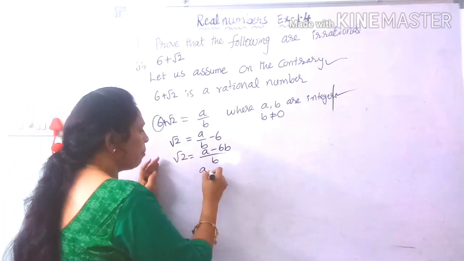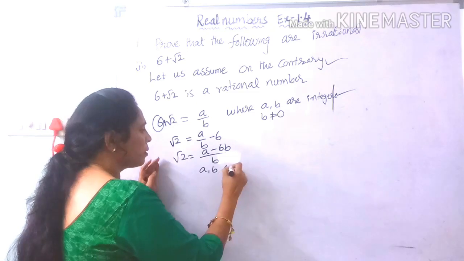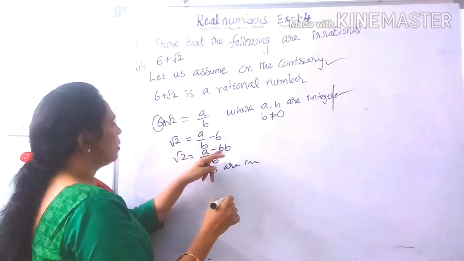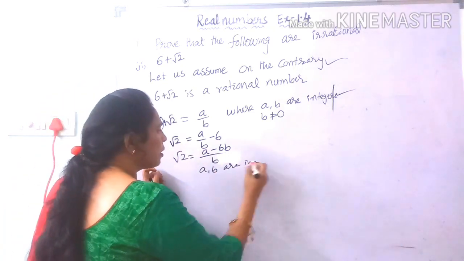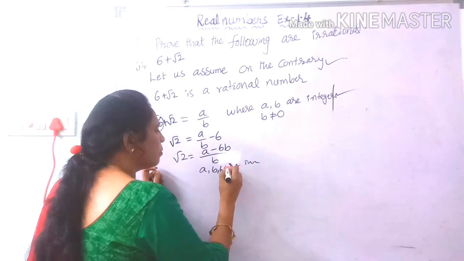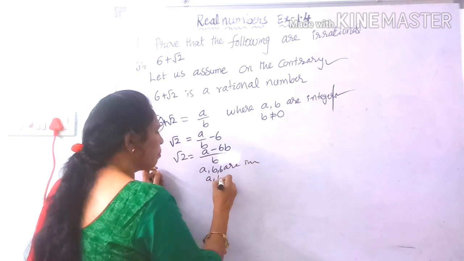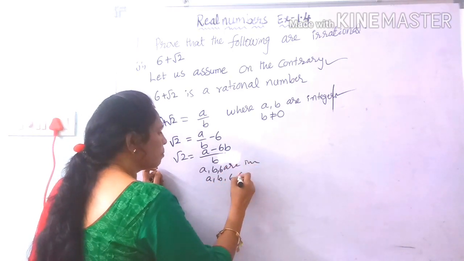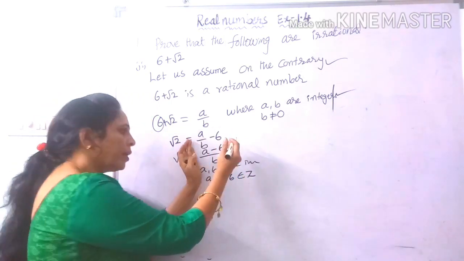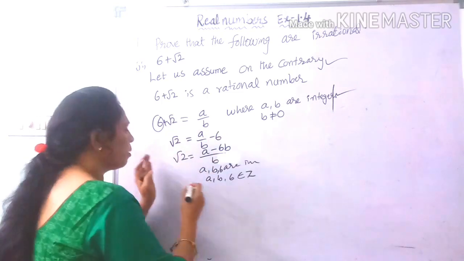Here a, b are integers and 6 is also an integer. So a, b and 6 belong to integers, meaning a, b, 6 belong to Z. So this RHS is a rational number.